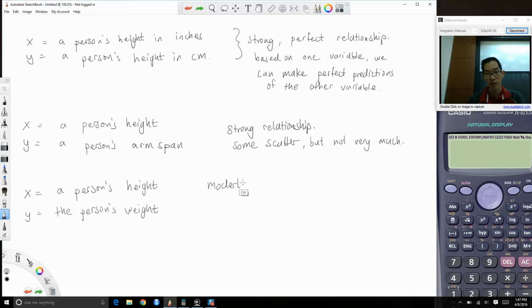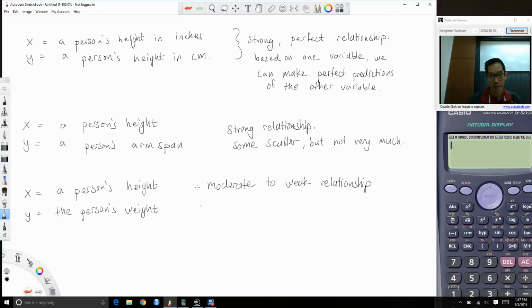Moderate to a weak relationship. Okay. In general, taller people weigh more, shorter people weigh less, but based on someone's height, I think you would have a hard time making a very good prediction about the person's weight, okay? Because there's probably a lot more variation there, okay?